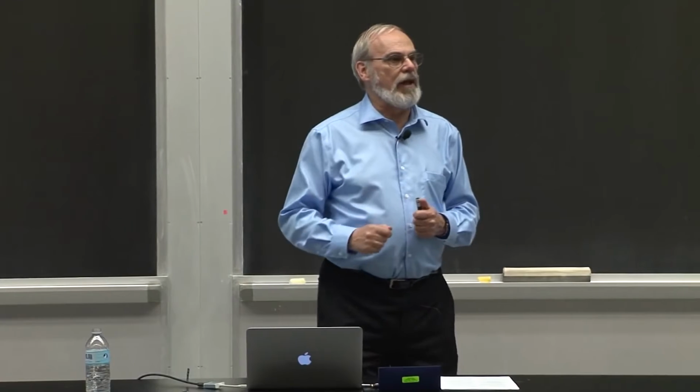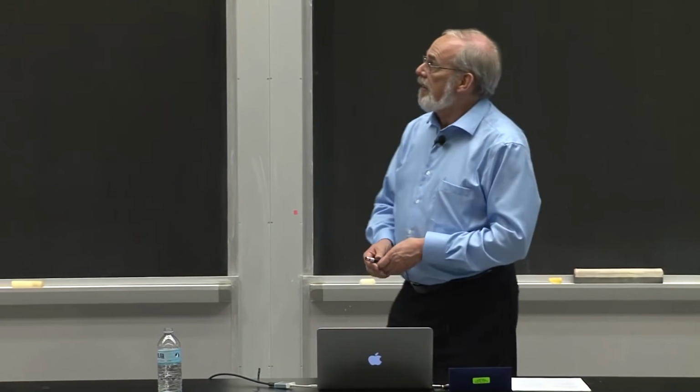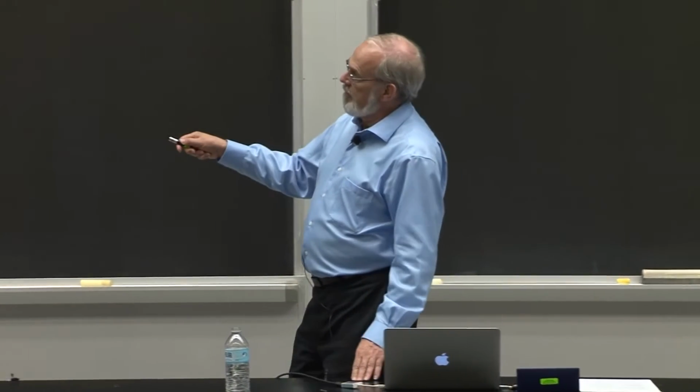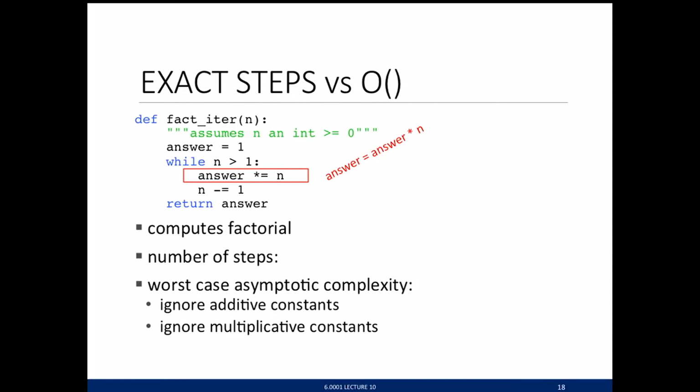I'm going to start by counting steps. That's, by the way, just to remind you that, in fact, there are 2 steps here. So what do I have? I've got 1 step up there to set answer to 1. I'm going to test n. And then I'm going to do 2 steps here because I've got to multiply answer by n and then set it to answer. And I've similarly got 2 steps there because I'm subtracting 1 from n and then setting it to n.